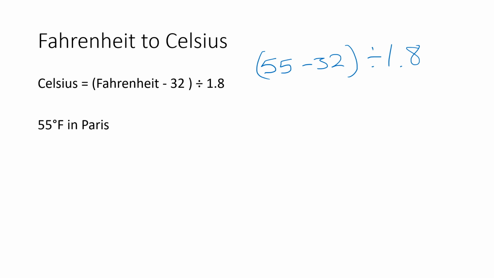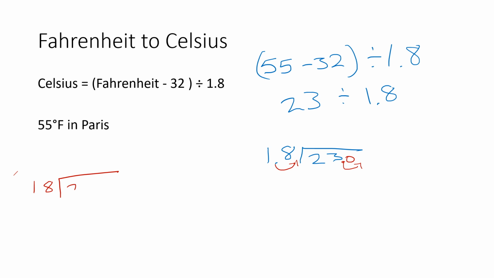So we'll start with 55 minus 32, which should give us 23. 23 divided by 1.8. And then set up our division, 1.8 into 23. Make sure that you move your decimal, because we cannot divide by a decimal, to get 18 into 230.